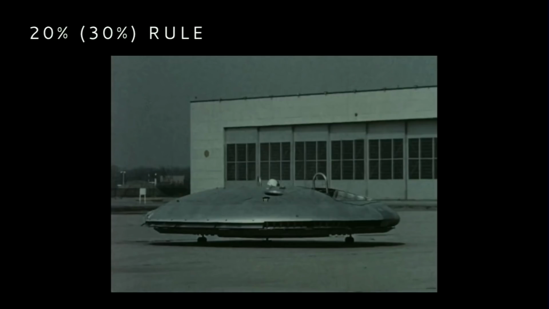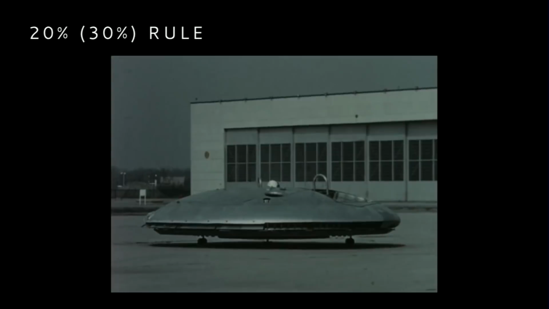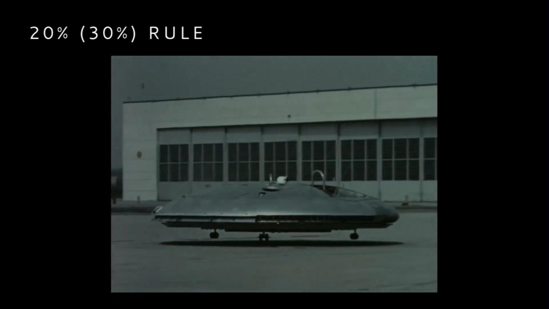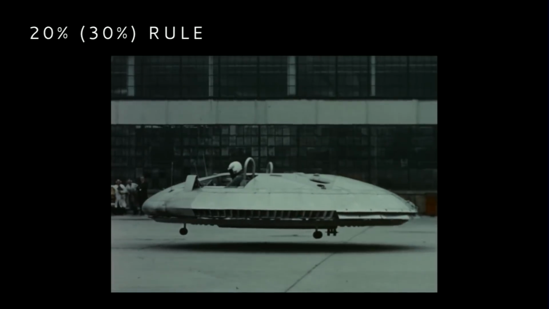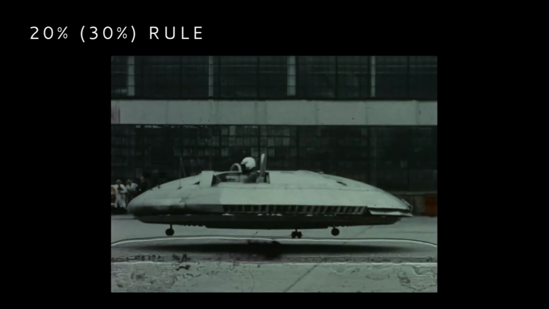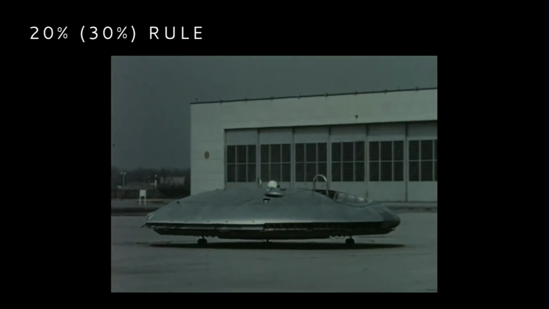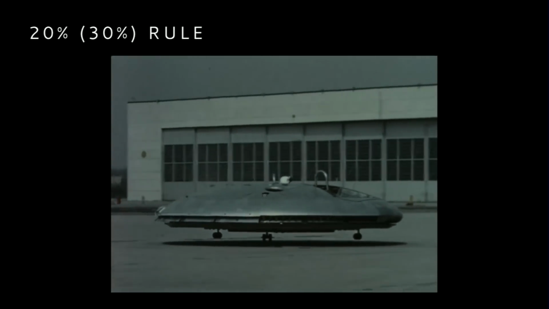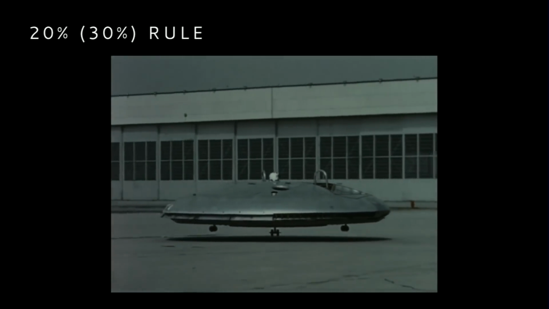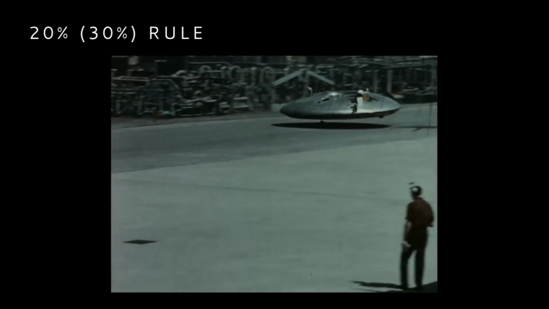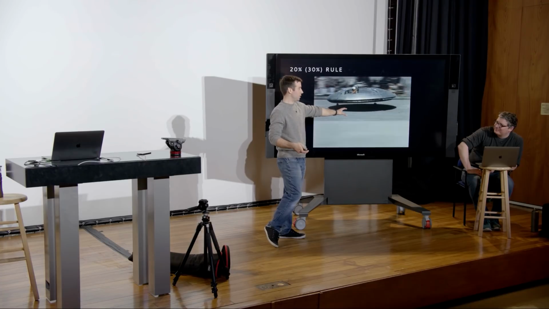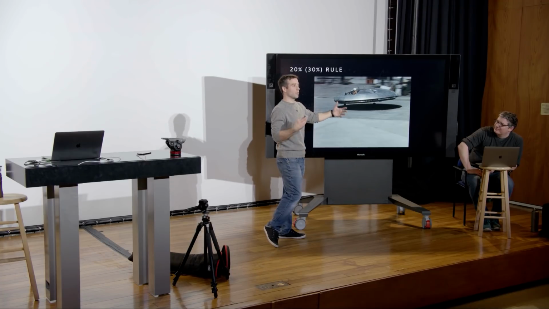If you're covering this flying car taking off, for example, what you don't want to do once it starts moving is cut to the same size thing, right? This feels like a jump cut. What you want to do is cut from a car taking off to something that's 20 or 30% different, whether it's the size of the car, the angle of view, or the position of the camera, right? You want to cut to something very different so that it doesn't feel like a jump cut and feel awkward. You can feel in the first version of this just how awkward the cut was.